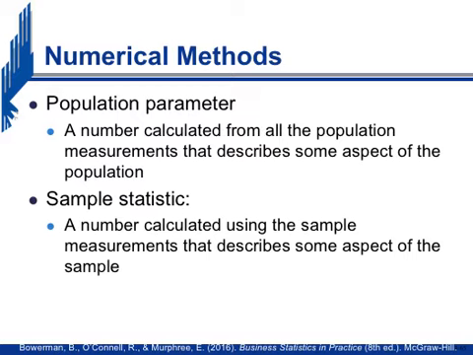So if your dataset is only from a sample, whatever computation you get from that dataset, we call that a sample statistic. And it's important for us to know the difference between the two because there are slight differences in the formulas for certain computations depending on the source of data.